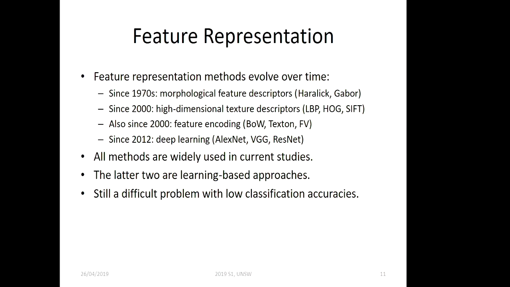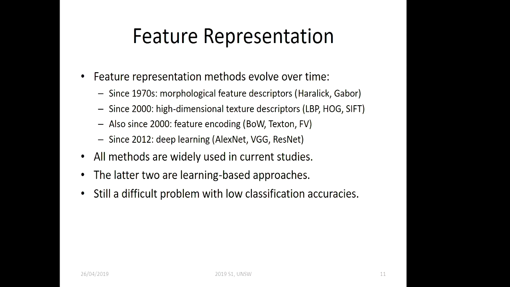Then later on, people moved on to more high-dimensional texture descriptors. Those are very different from the filter-based techniques, and they are more like analyzing the pixels, the intensities, or the relationships between nearby pixels to get a more in-depth understanding of the texture.